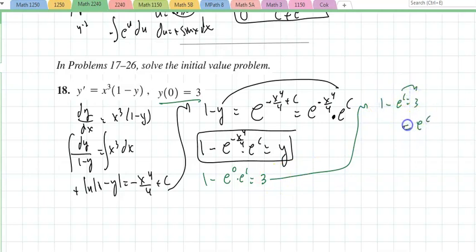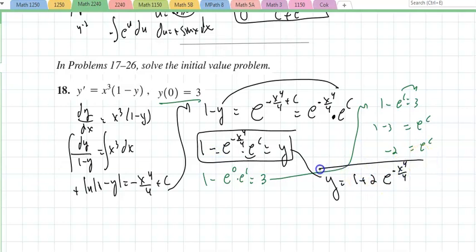So e to the c will equal 1 minus 3. e to the c is actually negative 2. So I would say y equals 1 minus 2. Oh, negative times a negative is a positive 2, e to the negative x to the 4th over 4. That would be my solution to this initial value problem.